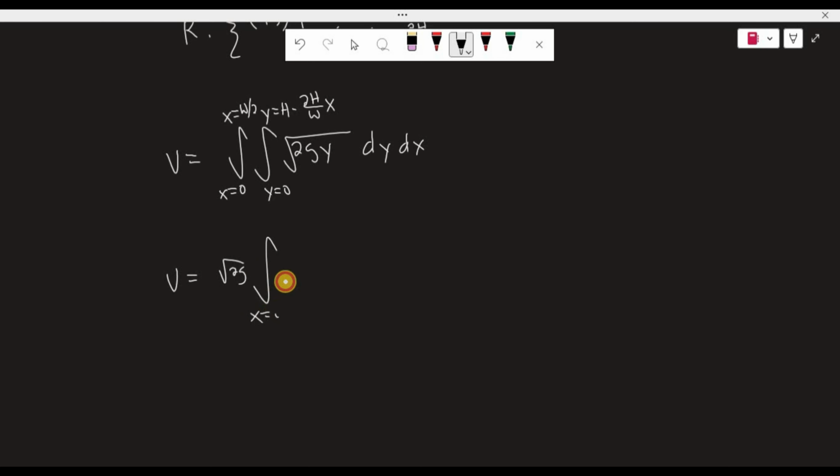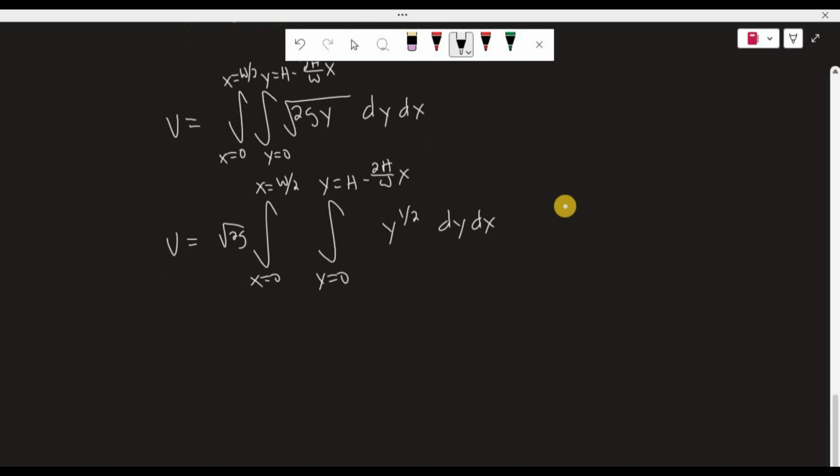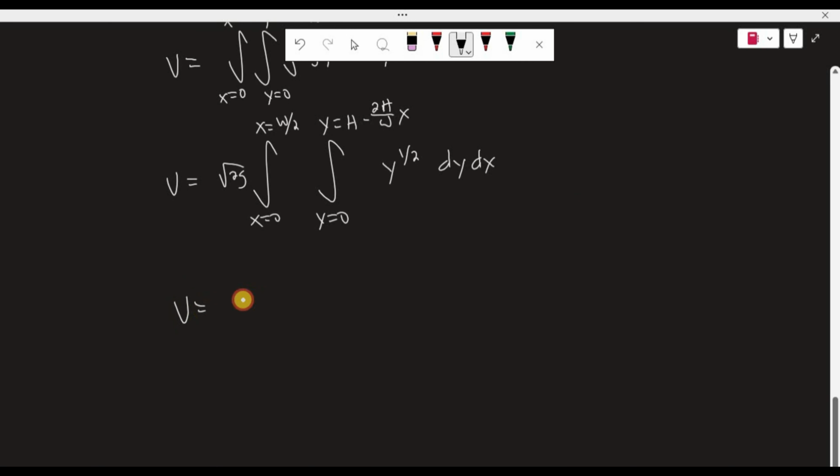So x equals 0, x equals w over 2, and then y equals 0, y equals h minus 2h over w x, and the square root of y can be written as y to the power 1/2, and then dy dx. So volume equals the square root of 2g, 0 to w over 2.